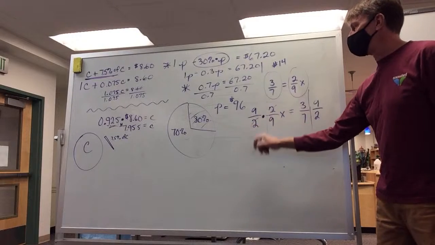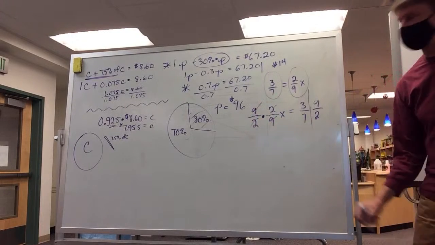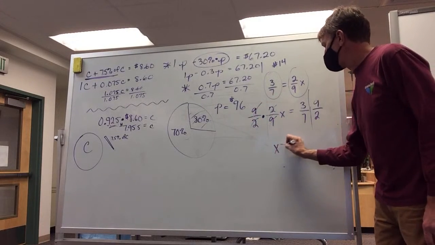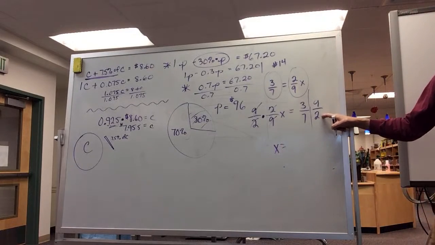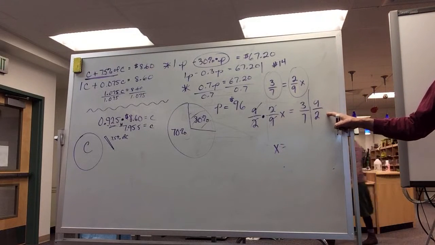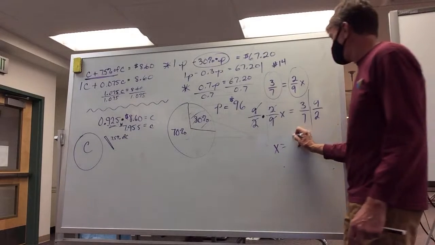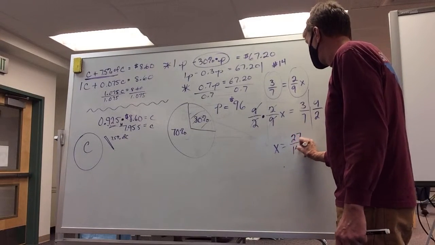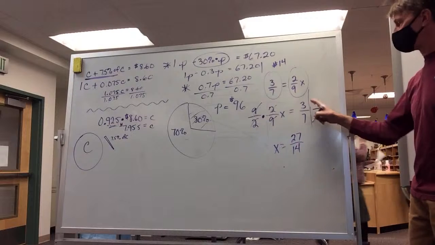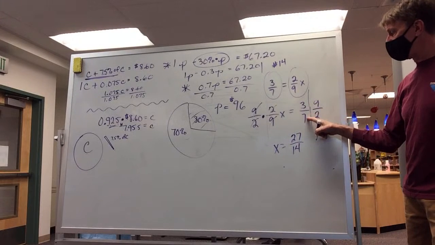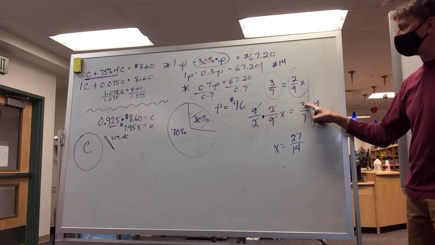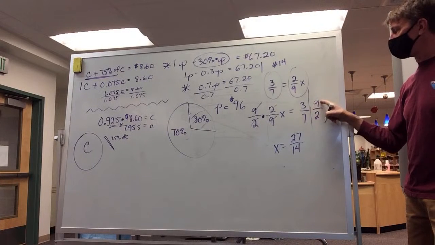So 2 over 2 is going to cancel, 9 over 9 is going to cancel. You're left with x. So what does this turn into? 27/14. Can you simplify it? No. You can see here you cannot simplify it. Prime, prime, prime. 7 doesn't go into 9.